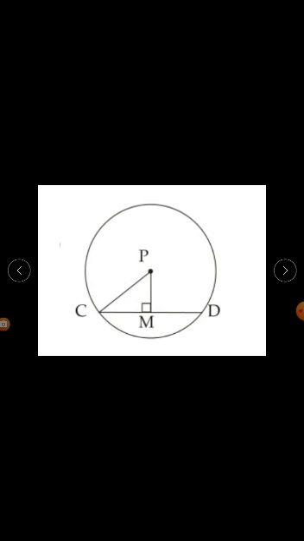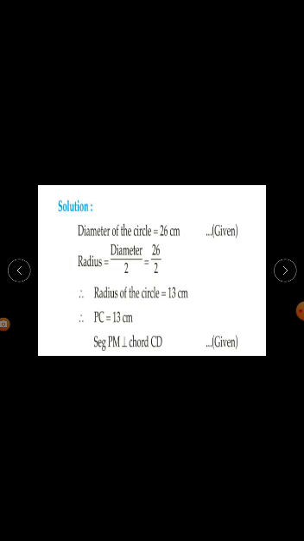Segment PM is perpendicular to chord CD, it is given.